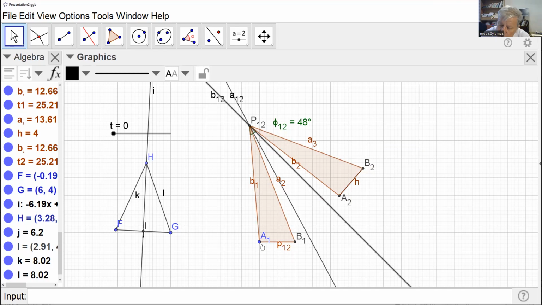The line joining any point to the origin is rotated by an angle phi12. Okay? Phi12 is independent of the point A1, B1 that I have selected. The line joining any point to P12 rotates by an angle phi12, whereas this angle alpha will depend on the point.